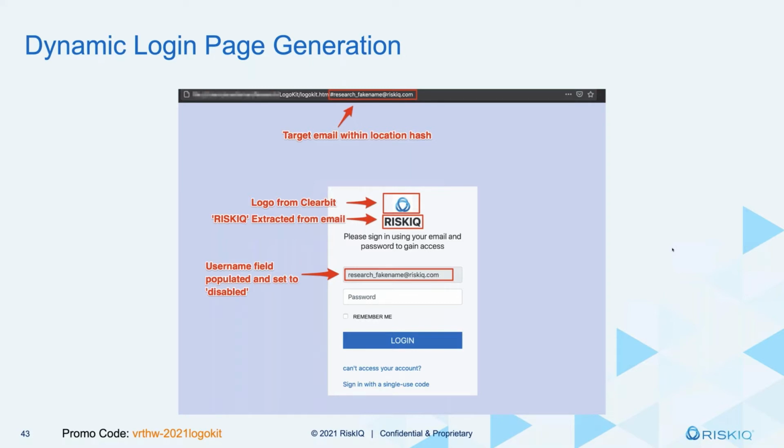This is a little more on the psychological side, because it makes it look to an unsuspecting person like, hey, I've gone to this website before, or maybe it's a corporate domain-owned copy of this. Again, it's just to fake out users a little more, so they think, oh, I don't have to enter it, I just need to enter my password, and I can proceed to the content. Jordan, if you can advance one more slide.